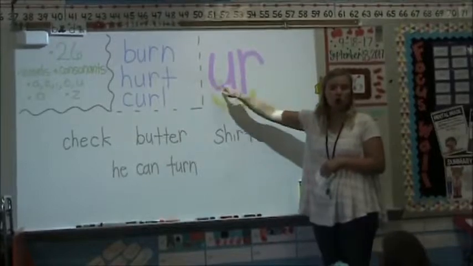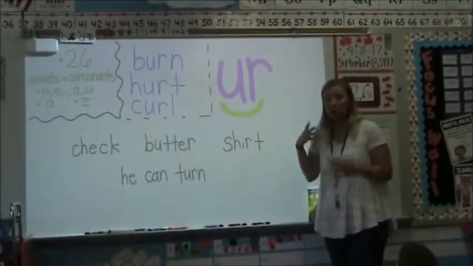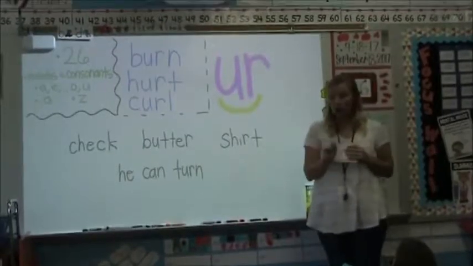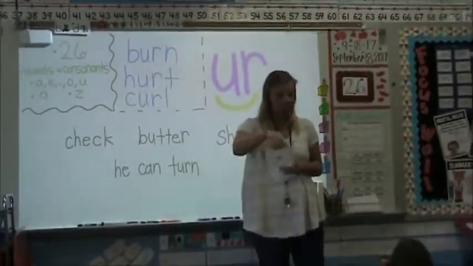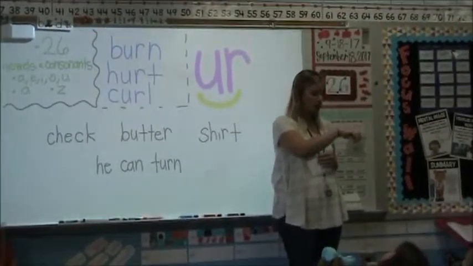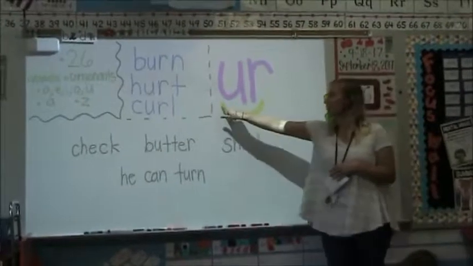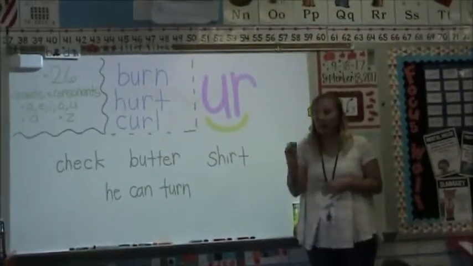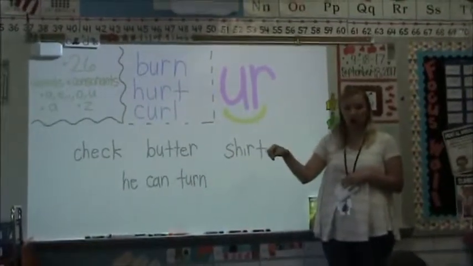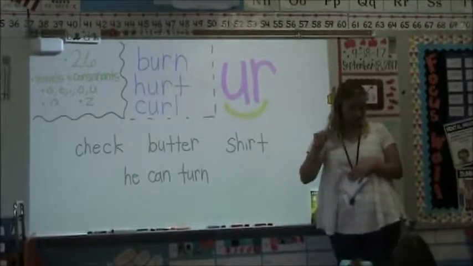You are. Very good. Just like ER, IR, and now we have UR. UR also makes that sound, and we code it with an arc. Think about Noah's Ark. That was a boat, and this kind of looks like a boat, right?